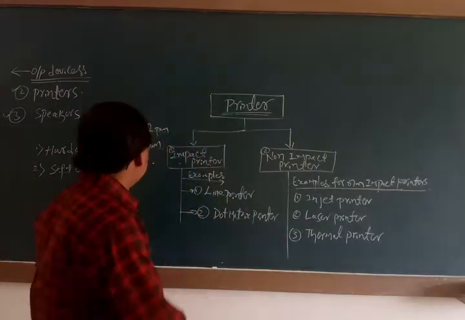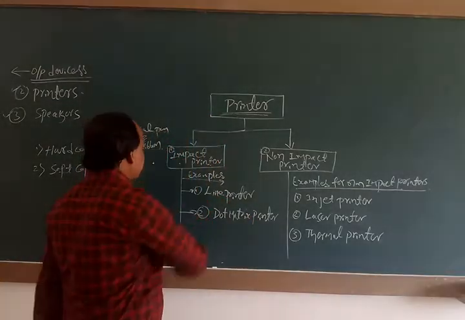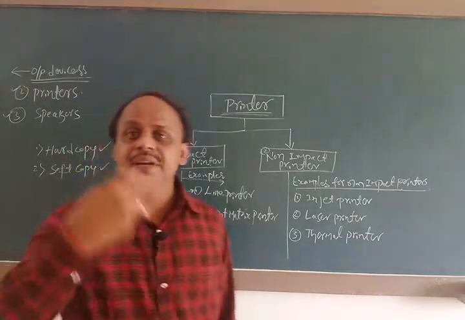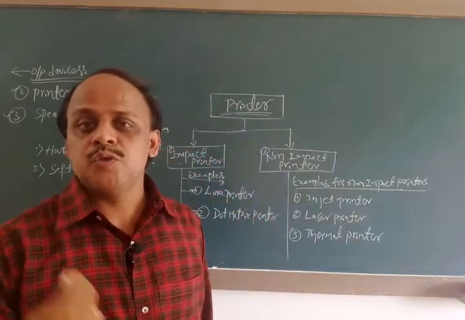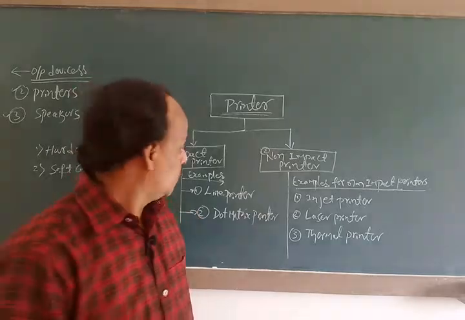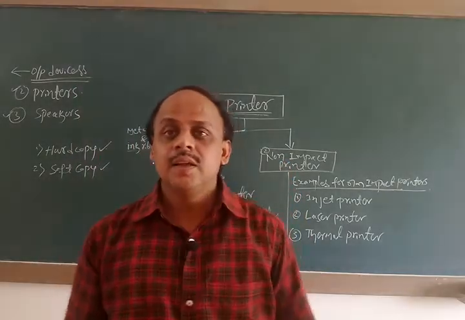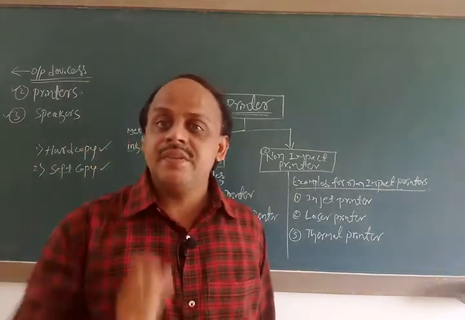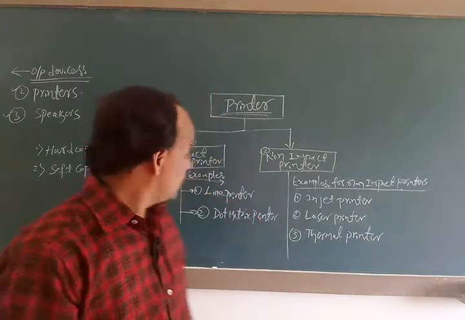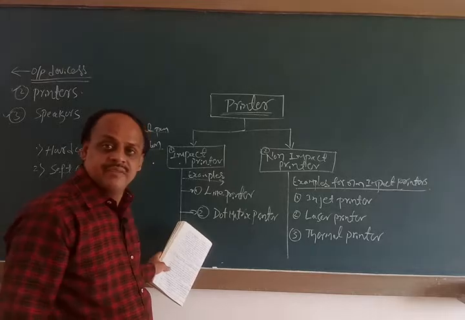Means impact printers are not used to produce color printouts, whereas non-impact printers are able to print color papers with different font sizes, whereas impact printers are unable to print different font sizes.